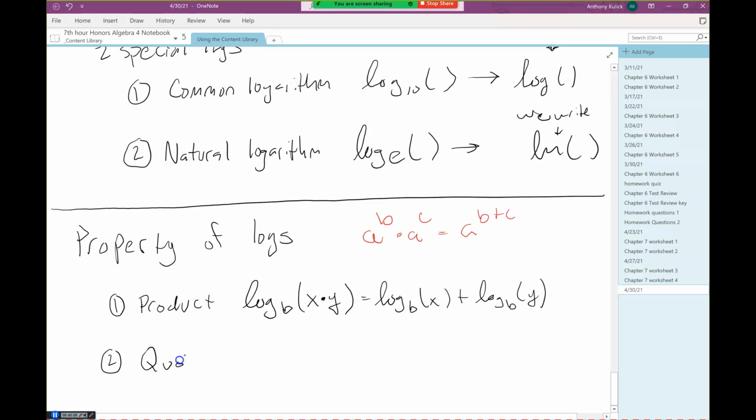Next we have the quotient property. That says the logarithm of a quotient is equal to the difference of the logarithms.